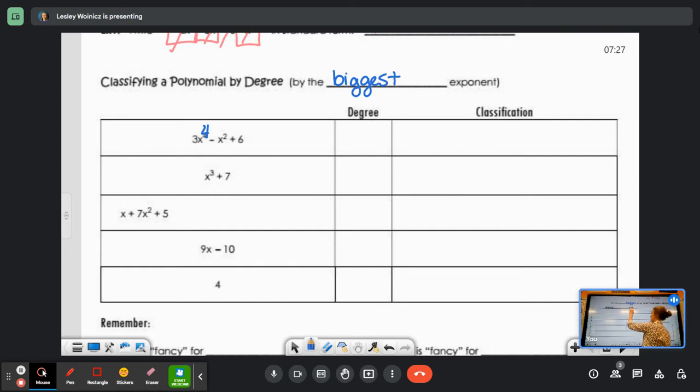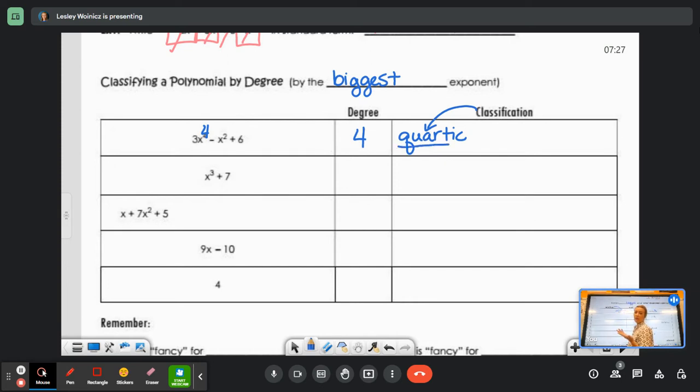So I say that the degree is 4. And any polynomial with a degree of 4, we have a certain name for it. Its classification is quartic. It's Q, not G. Quartic.